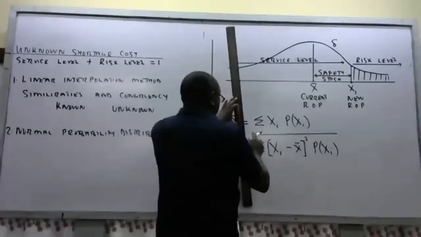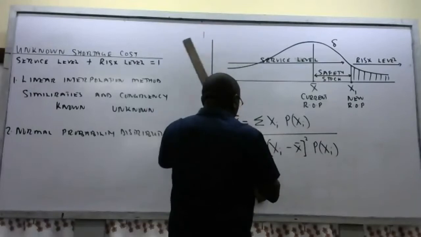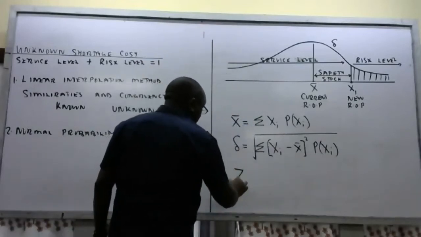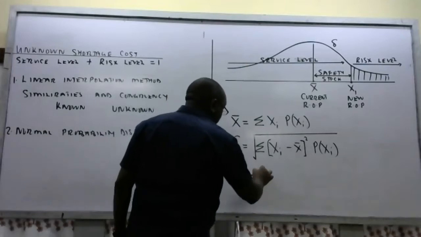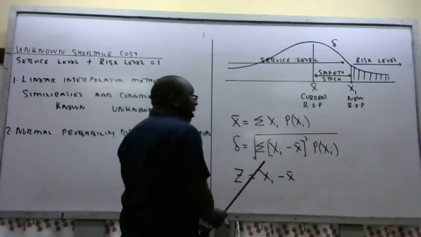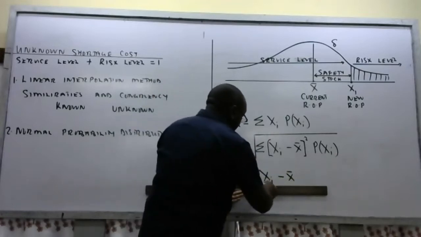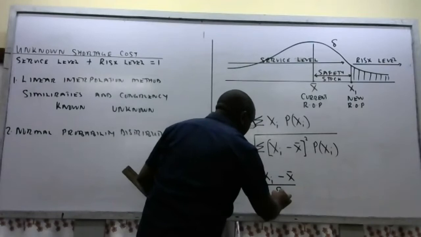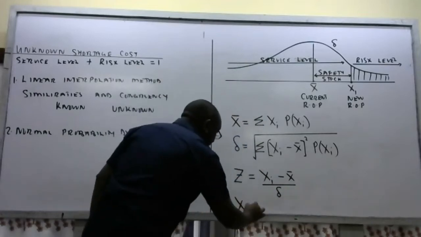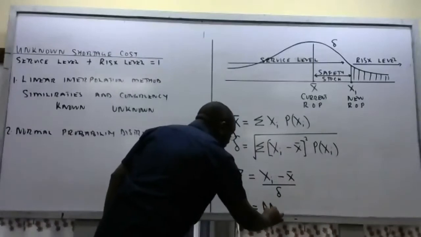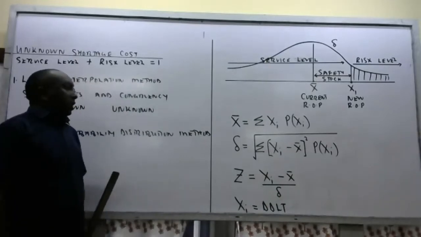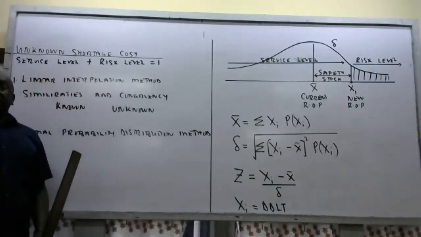Then there is another one called Z, which you know so well: Z is Xi minus X bar, divided by standard deviation. And this Xi is what we called VDLT yesterday.